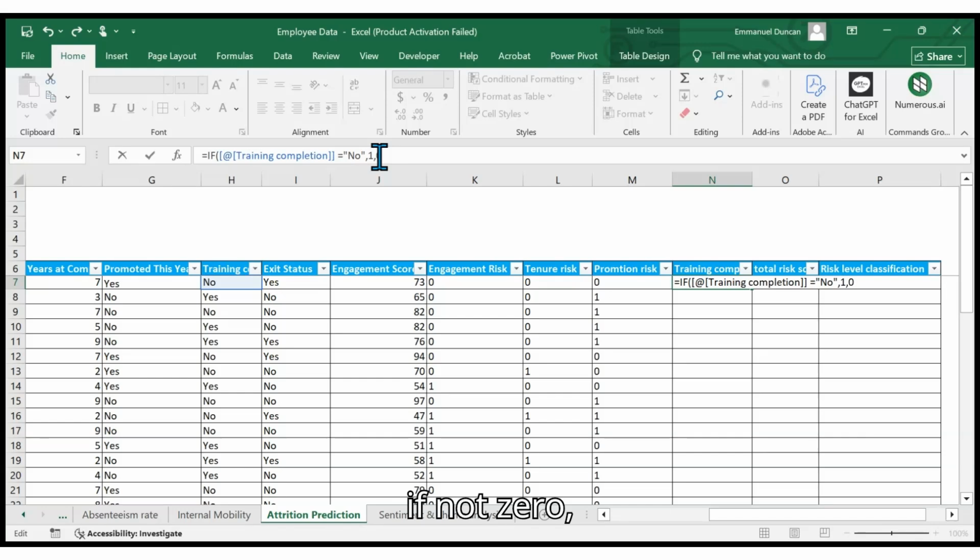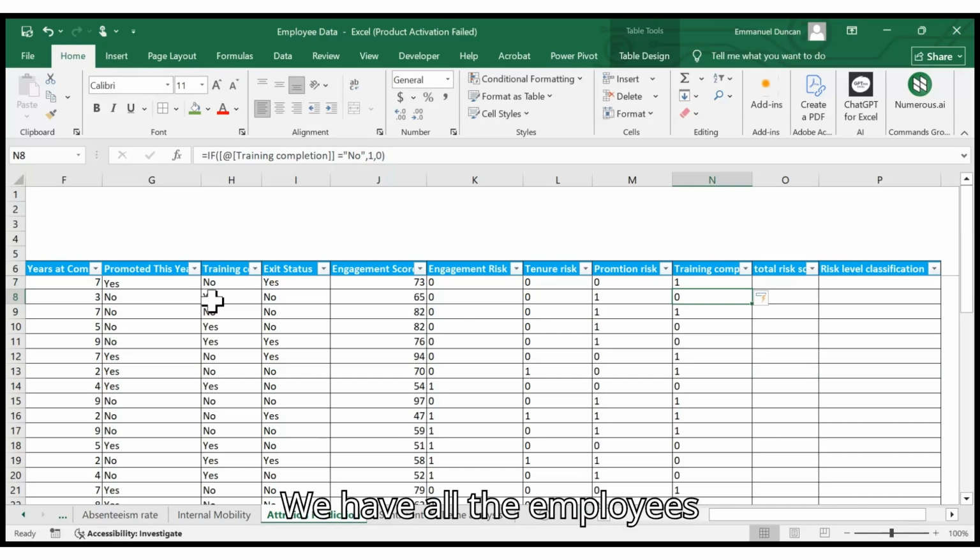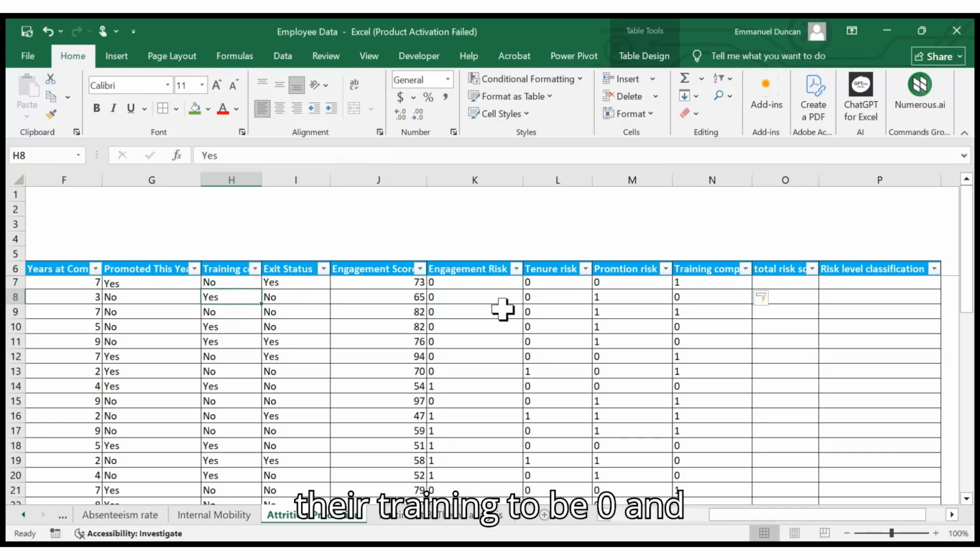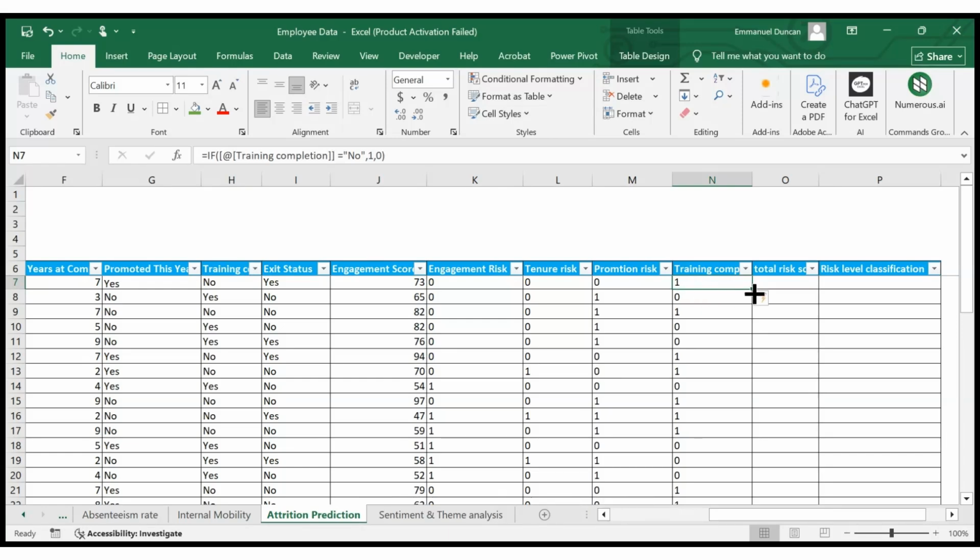If not, 0. The same as the promotion. Then you press enter. We have all the employees that completed their training to be 0, and those who couldn't complete their trainings to be 1.